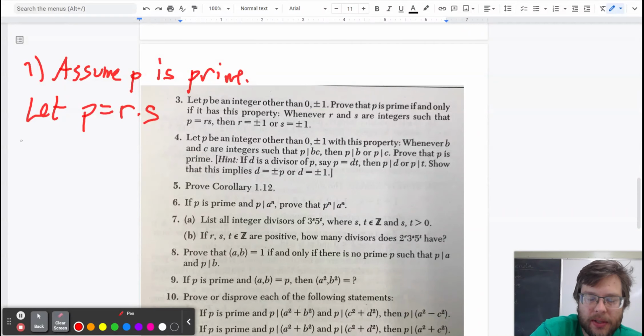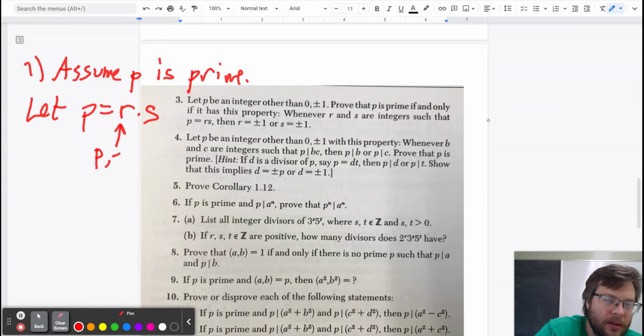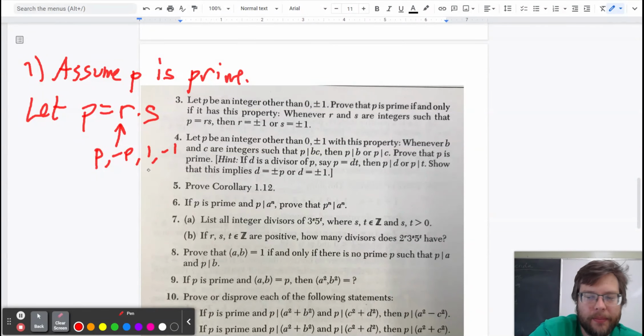And because p is prime here, we know that the only factors of p are p, negative p, 1, and negative 1. So that means that the possibilities for r are p, negative p, 1, or negative 1. And the same thing goes for s.